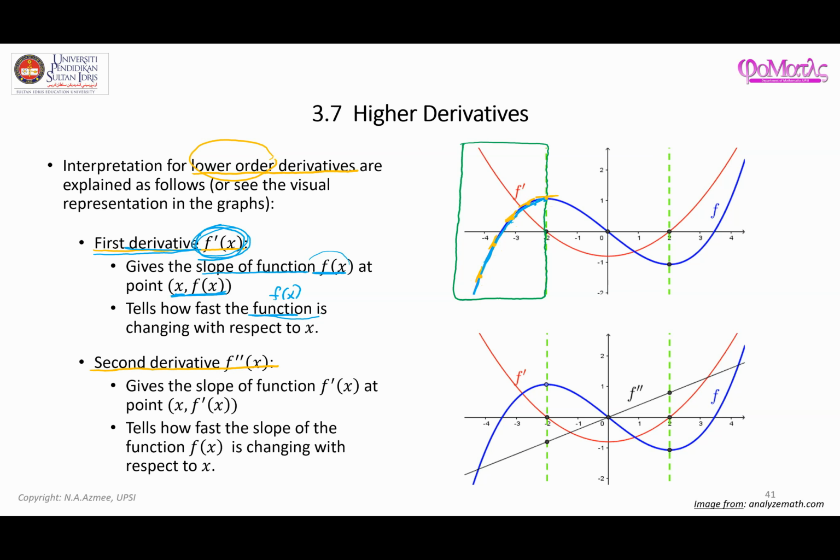The slope here becomes 0. So the value of the slope is translated into the red curve. For example, at this point, you will see that the value here is the highest. This red curve is the value of the slope of f(x).